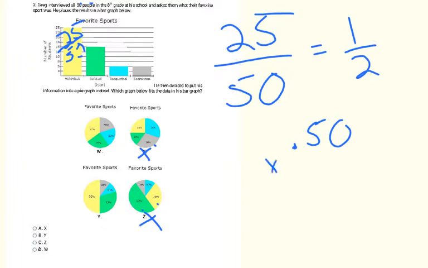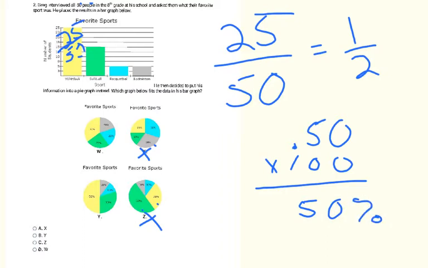And when you times that by 100 to convert it to a percent, you get 50%. And you might have been able to see that straight from 25 out of 50, but that's where I got the 50%. And that's what it is in Y. So my answer here is Y, which is letter B.